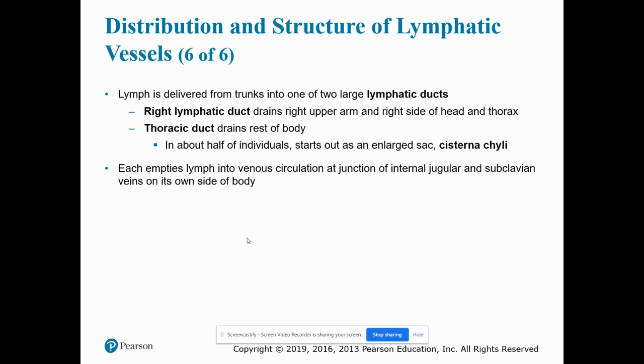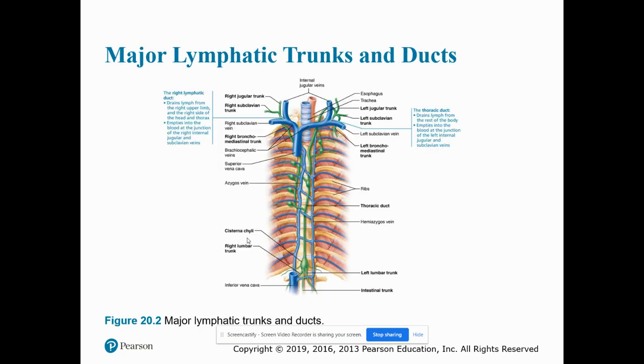In about half of people, it starts off as an enlarged sac called the cisterna chyli, and I'll show you what that means in a second. But each empties the lymph into venous circulation at the junction of the internal jugular and subclavian veins on its own side of the body.